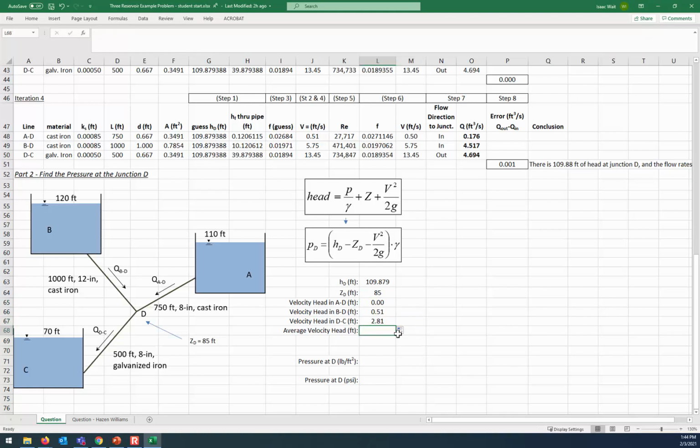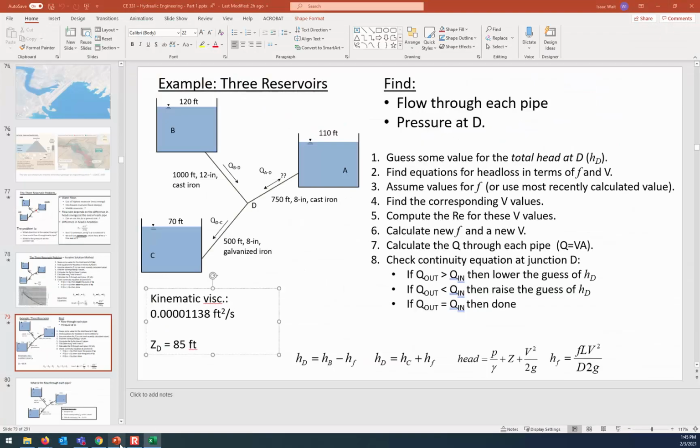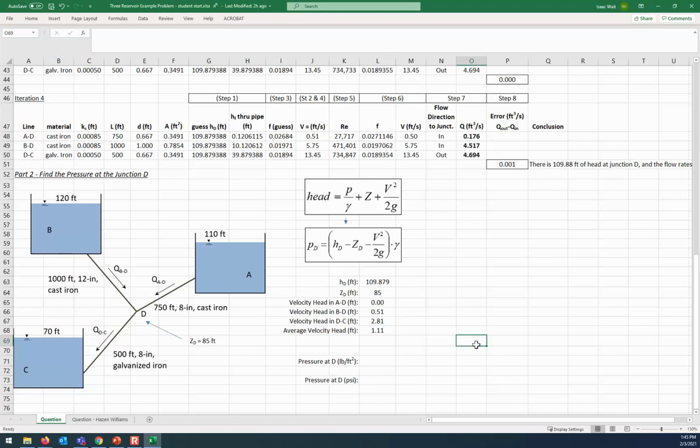And then the average velocity, I guess the velocity is pretty high through pipe DC. So the average velocity head, and then what we're going to say is that the pressure there, if we solve the energy equation, this is what we define as head.